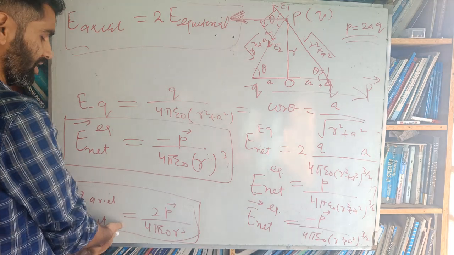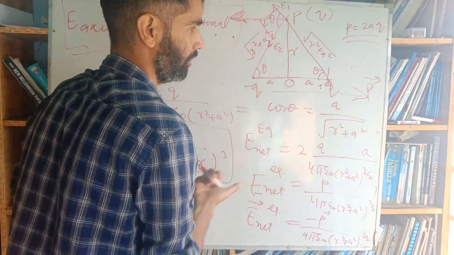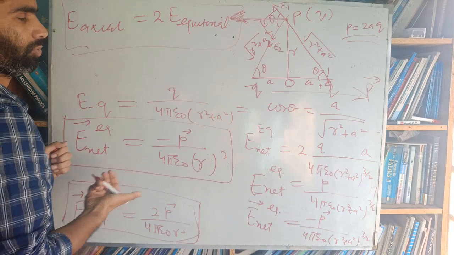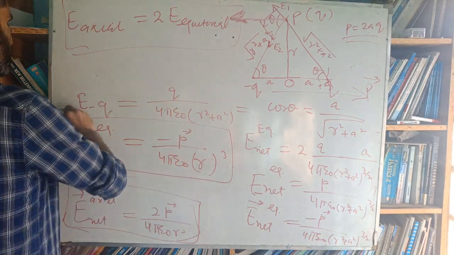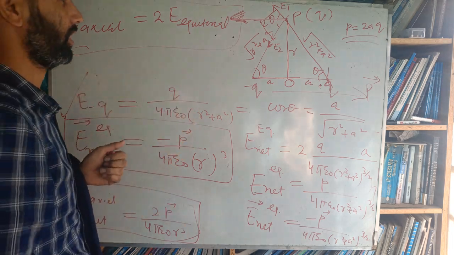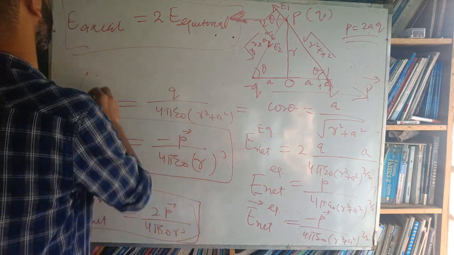In the axial case, the electric field intensity is along the direction of the dipole moment, but in the equatorial case the electric field is opposite to the dipole moment.